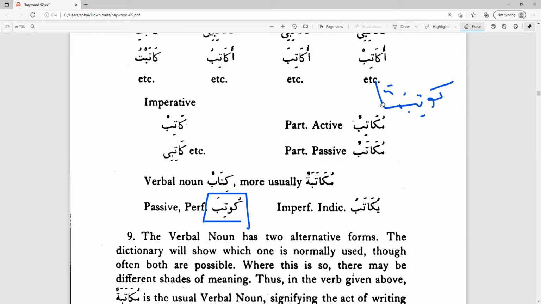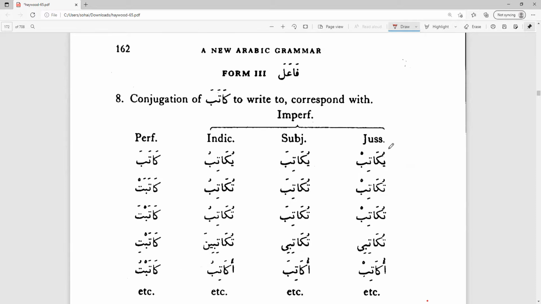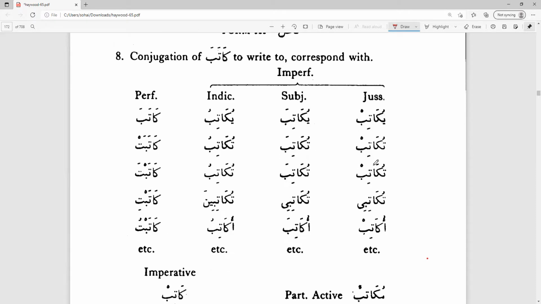Okay, so do you want to try the active form? I'll give you a clue. This is the way it works. Ana ukatibu. That's how you start.